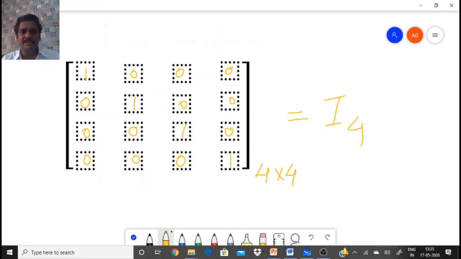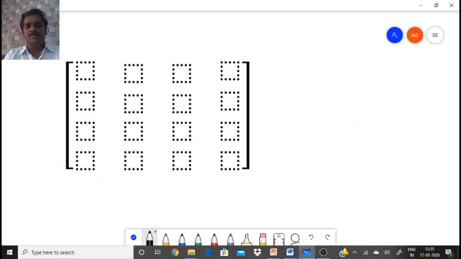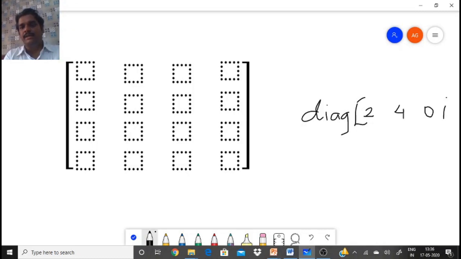I'll write one more example. Suppose I'm talking about DIAG 2 4 0 1. So 2401, it means what? I'm talking about diagonal matrix of order 4 which is having diagonal entries 2, 4, 0, 1.